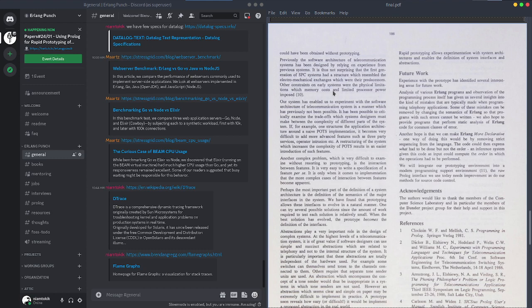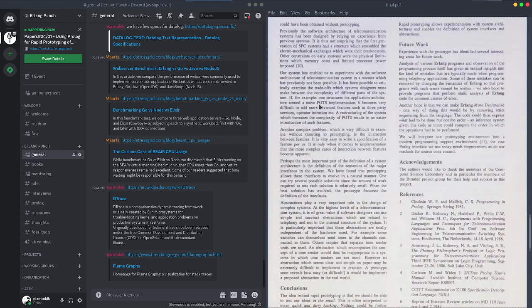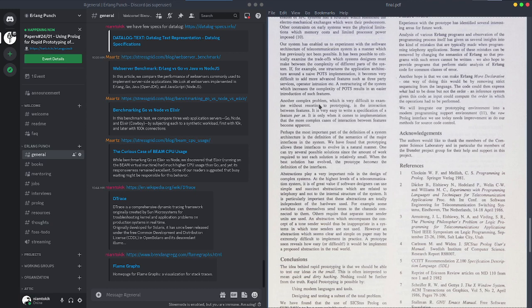Other constraints on early systems were the physical limitations which memory cost and limited processor power imposed. Our system has enabled us to experiment with the software architecture of telecommunication systems in a manner which has previously not been possible. It has been possible to critically examine the trade-offs which system designers must make between the complexity of different parts of the system.